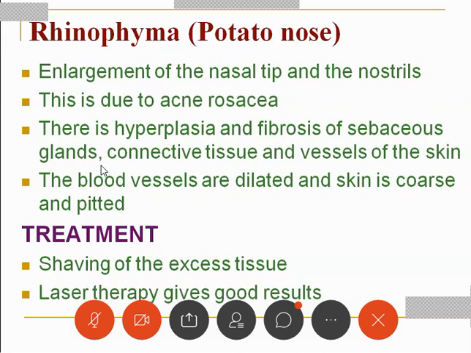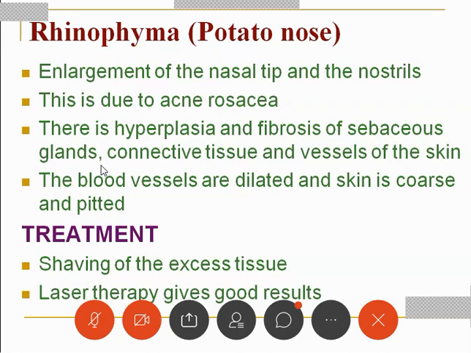It's not exactly the nostrils; in some cases the nostrils might enlarge, but there is grave involvement of the tip of the nose, the under surface of the tip. The nostrils may become narrowed or closed, but it's not so common. In rhinophyma, the nose will become bigger, the tip of the nose will become bigger.